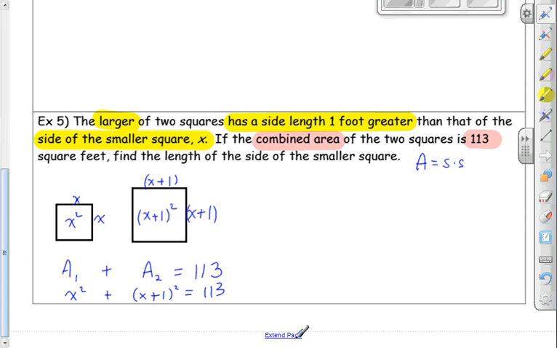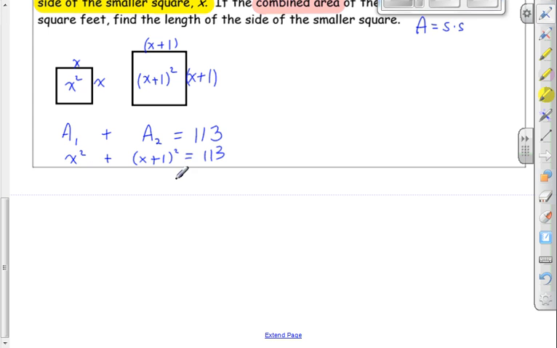So here's our quadratic. X squared plus (x plus 1) squared is equal to 113. We'll need to expand this binomial. Remember, the square of a binomial: square the first term, square the second term, multiply the two terms and double them. So the expanded form would look like this.